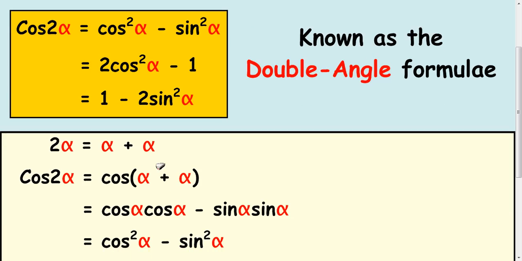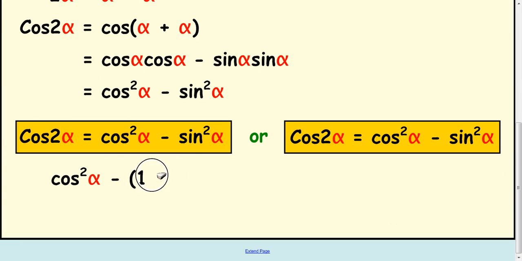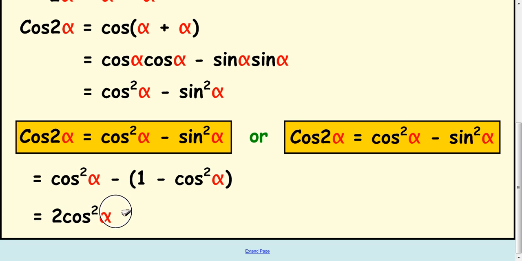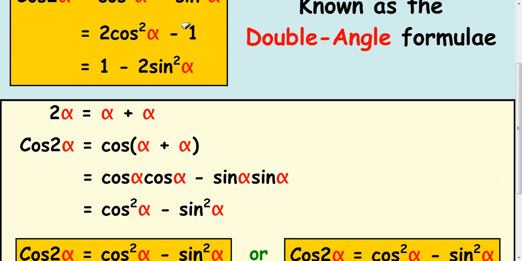So we're going to use that technique here. So this can just be written as cos squared alpha minus, 1 minus cos squared, because we can rewrite sine squared as 1 minus cos squared. Multiplying out the brackets, you're going to have take away 1 plus cos squared, which is going to give you 2 cos squared take away 1, which is this formula here.